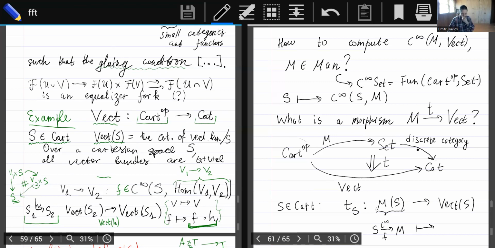So that's the discrete category functor. It sends a set X to a category called Disc(X).